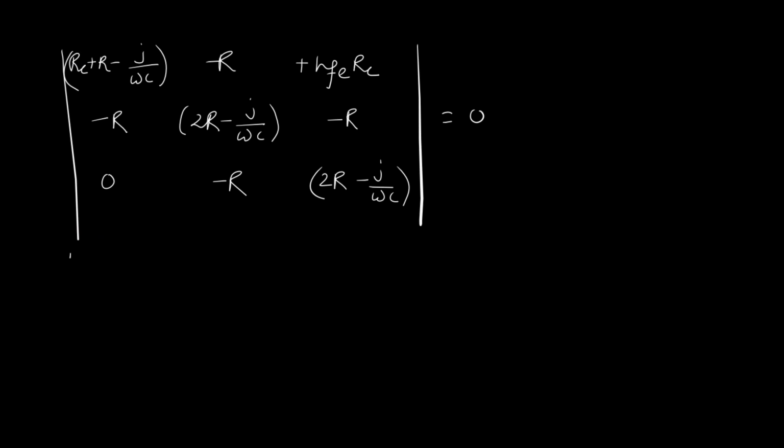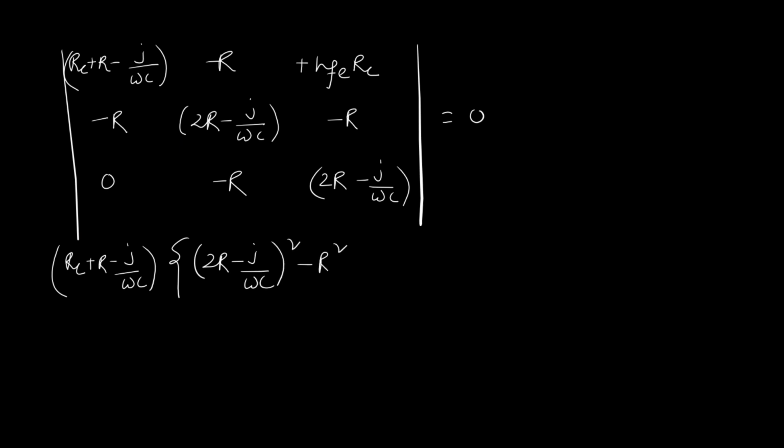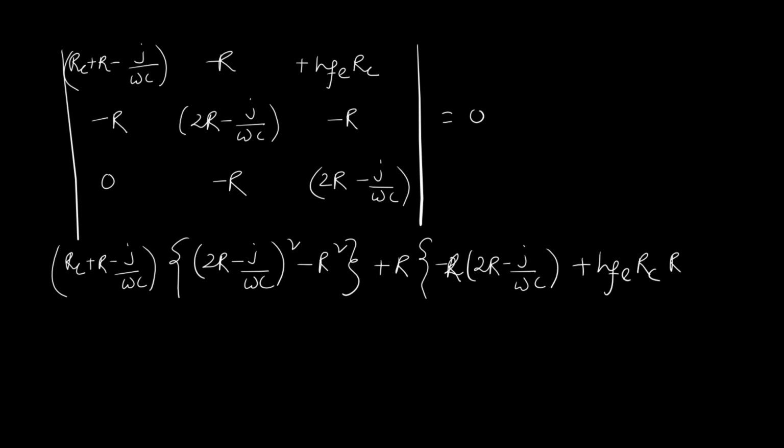So RC plus R minus J by omega C, into 2R minus J by omega C whole square minus R square, plus R, minus R into 2R minus J by omega C, and plus HFE RC into R equals to 0. Now solve this square form.